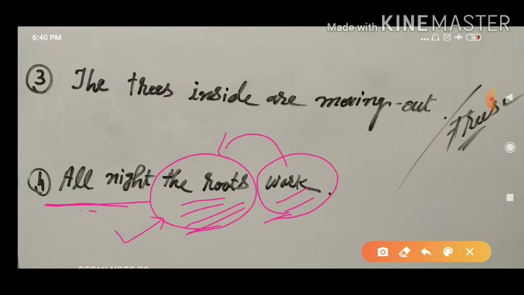In this way, all night roots work is the best example for personification. Gradually, I'll move ahead to give you ideas about all the figures of speech with your textbook examples in the same way.